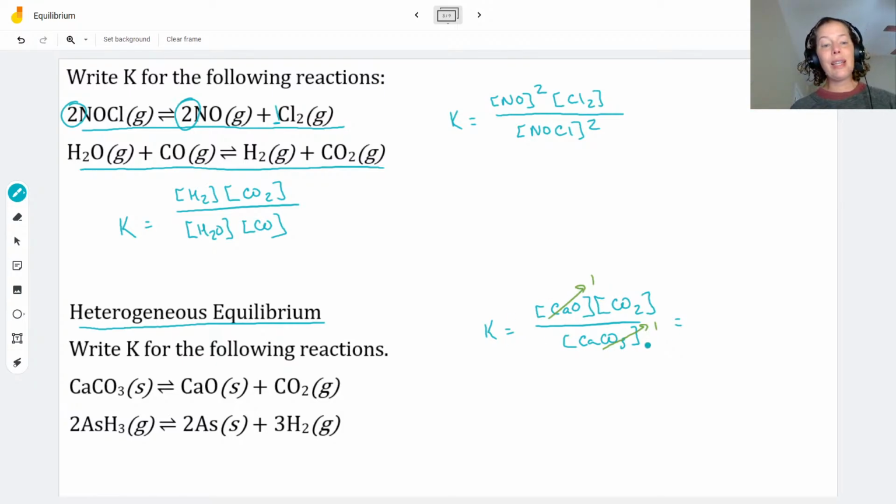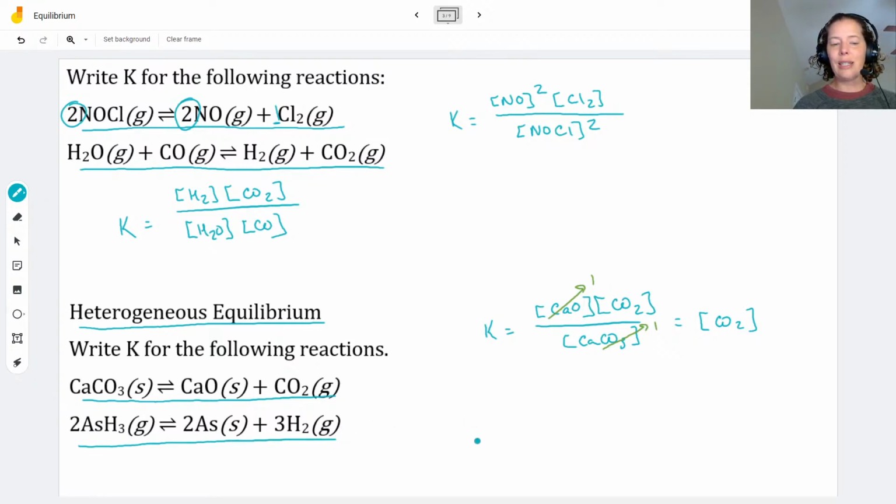So this simplifies the K for my first reaction right here. It's just dependent on the concentration of carbon dioxide. A lot of times with heterogeneous equilibrium, the equation can look complex, but when you pull out your pure solids and your pure liquids, then it looks a lot simpler. So let's do the same thing for my second example. Again, it's going to be products over reactants. And let me get my reactant in.